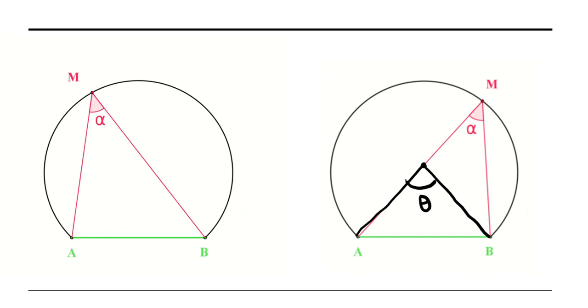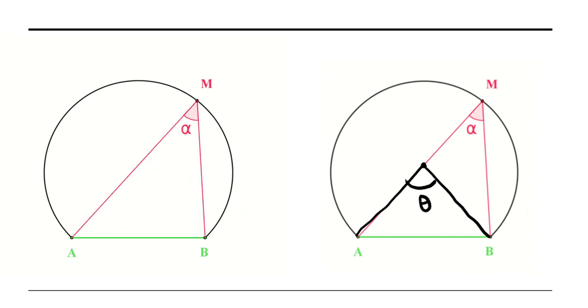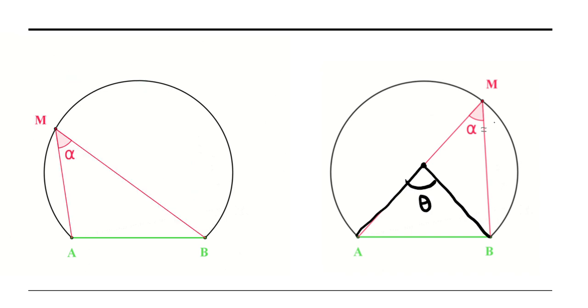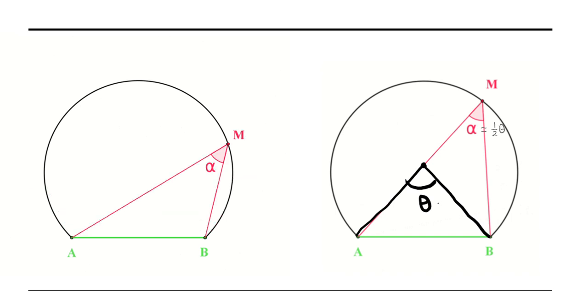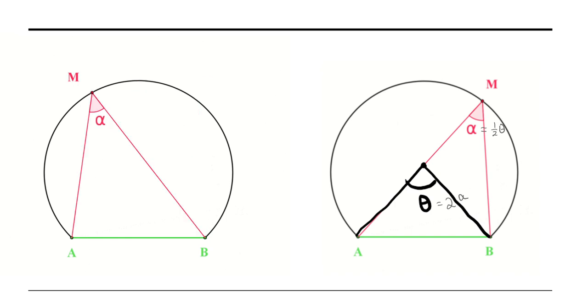I also want to point out that the inscribed angle is not equal to the central angle. It actually has a nice relationship. The inscribed angle is half of the central angle, or the central angle is 2 times the inscribed angle.